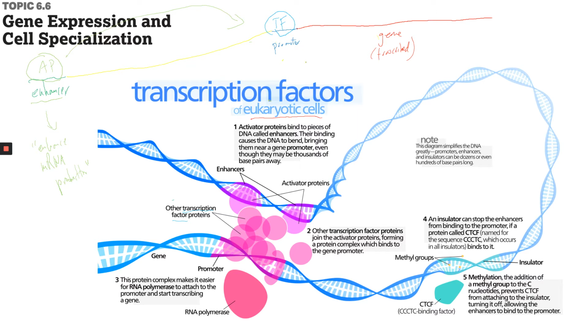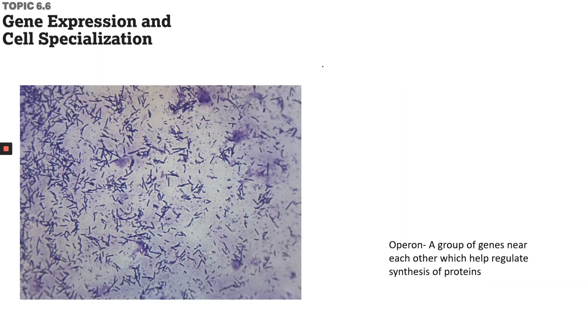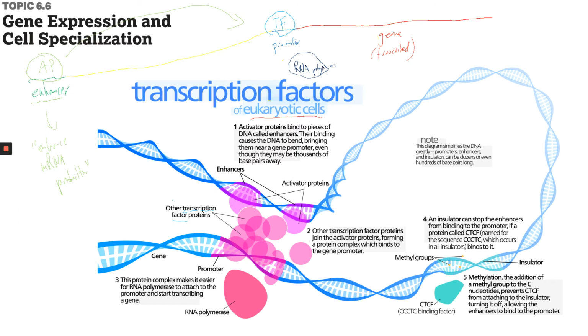The promoter allows this RNA polymerase, which I will put in purple over here, this is our RNA polymerase, to attach and go ahead and transcribe this gene.